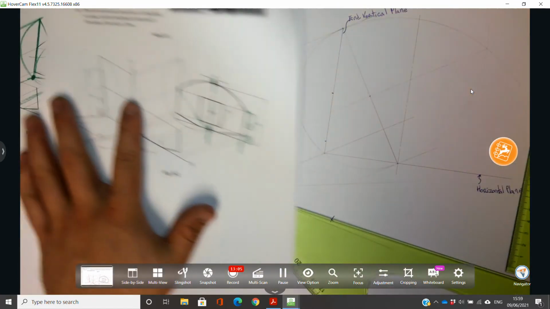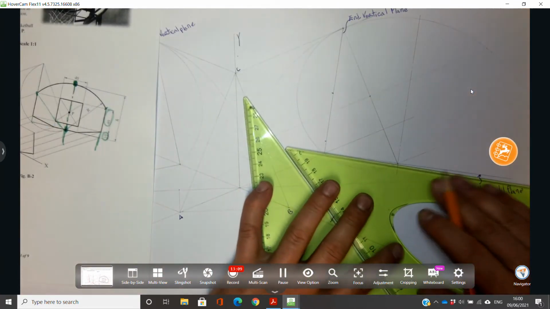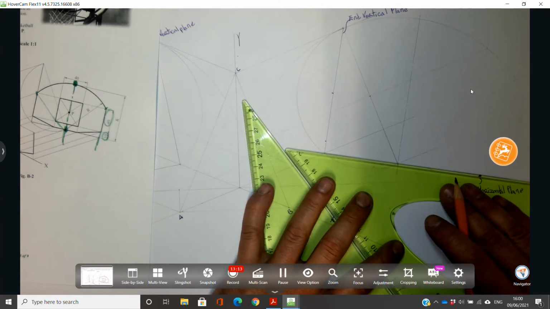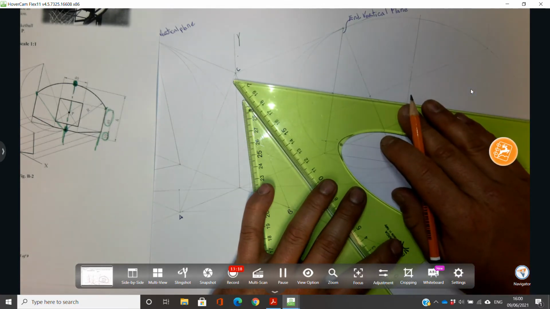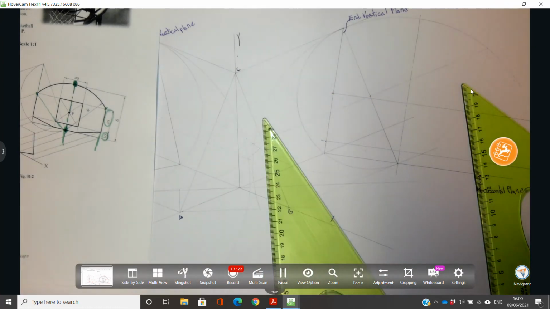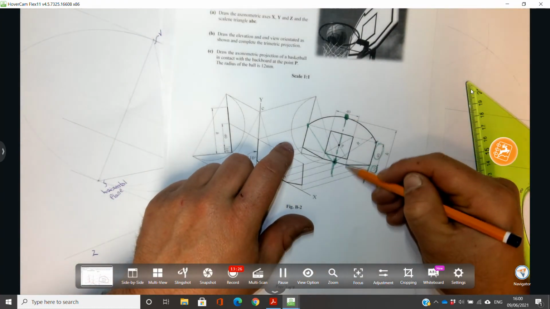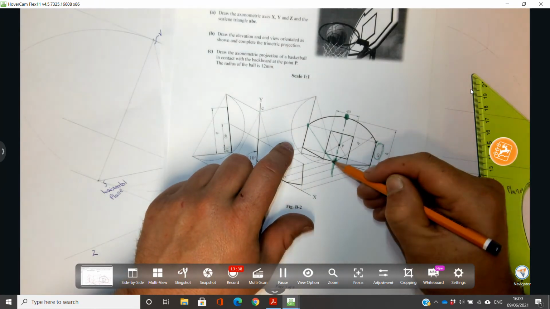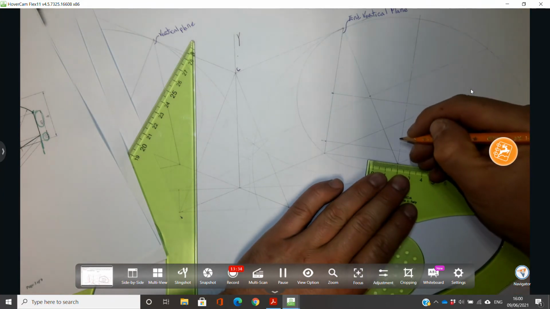Okay, these lines are parallel to the base. So we're going to draw lines parallel to the edge view of the horizontal plane. Now, look, the square is 40 wide there, and you can see the pencil mark, so it's 20 left and right of the center line, 20 left and right. So we're going to go 20 left and right.